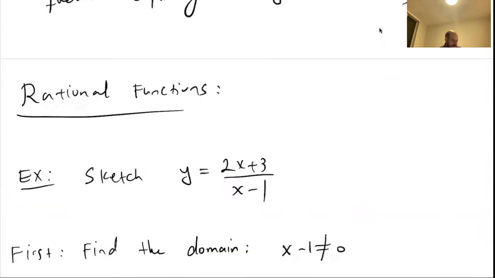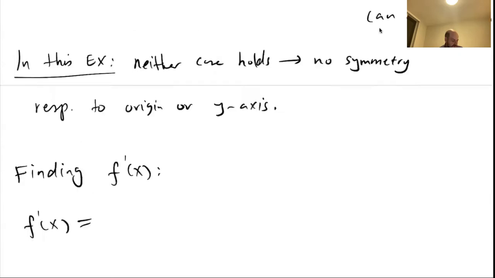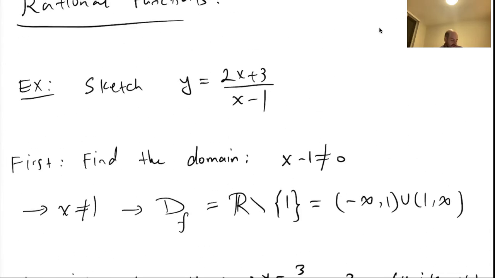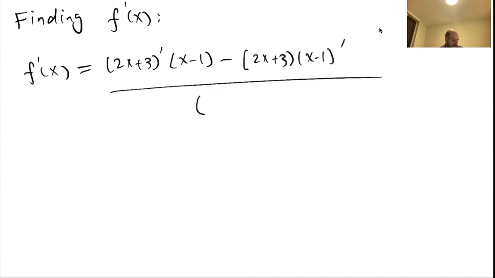And then let's find f prime of x. What is f prime of x? I have to use the quotient rule, right? So it's 2x plus 3 over x minus 1. The derivative of 2x plus 3 times x minus 1, minus 2x plus 3 times the derivative of x minus 1, divided by x minus 1 the whole squared.